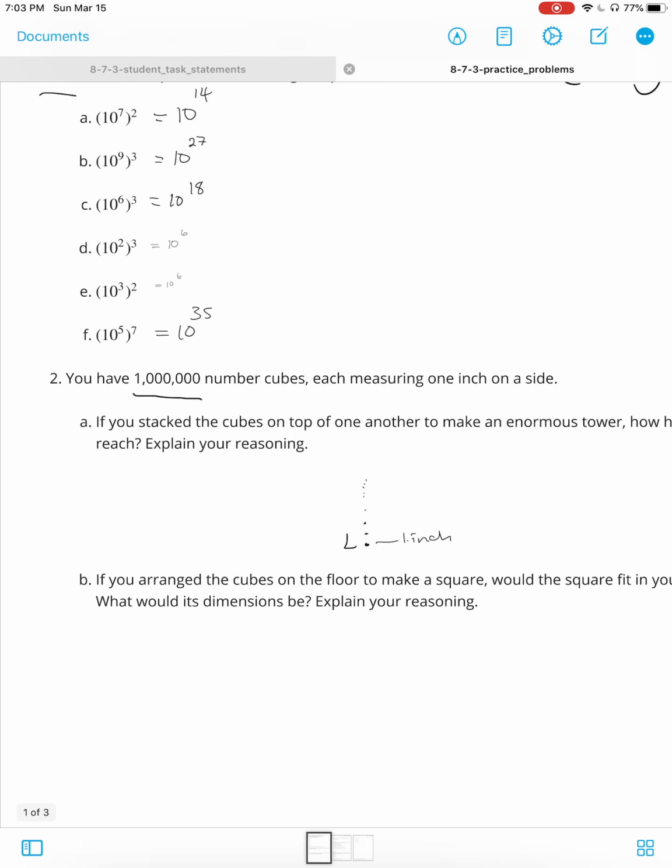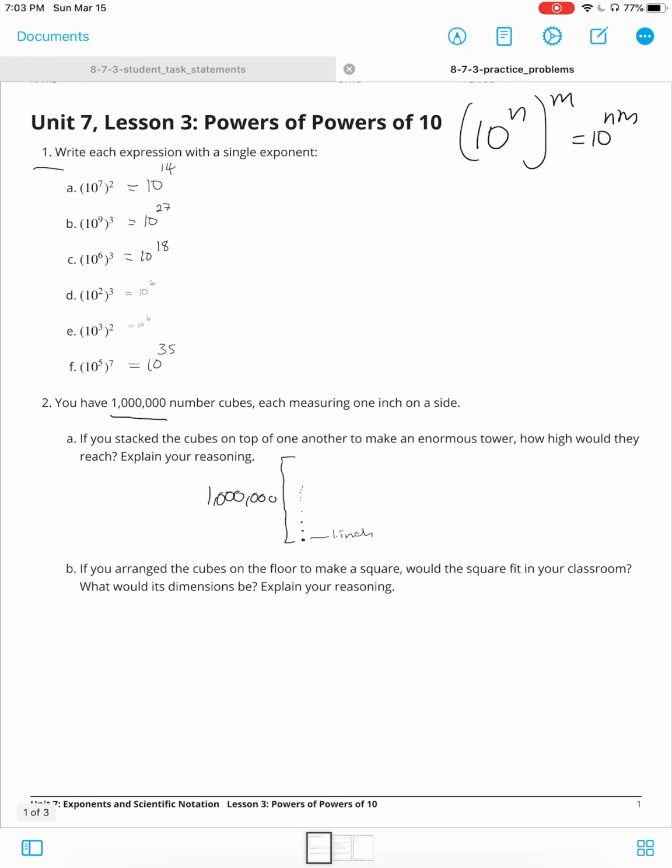And how many do I have? Million. So how high would it be? Million times 1 inch equals a million inches tall.